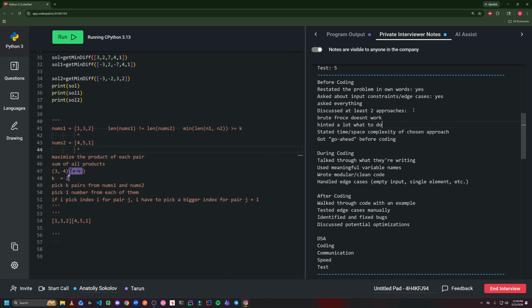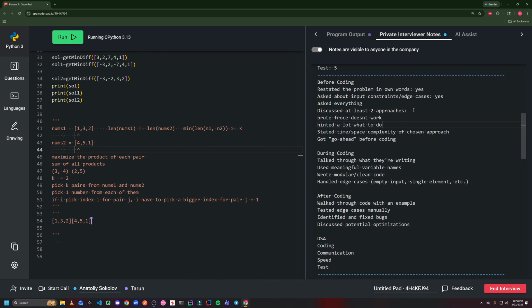But I'm worrying about how we can choose, because we need to get at least two pairs. If we keep going we are going to get only one product.